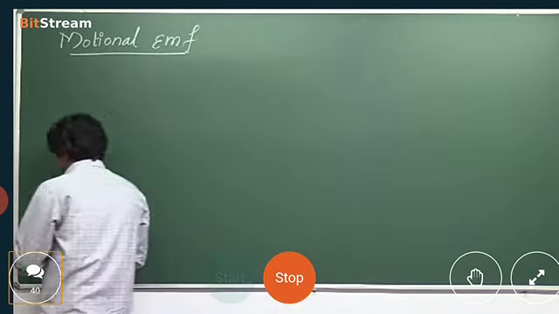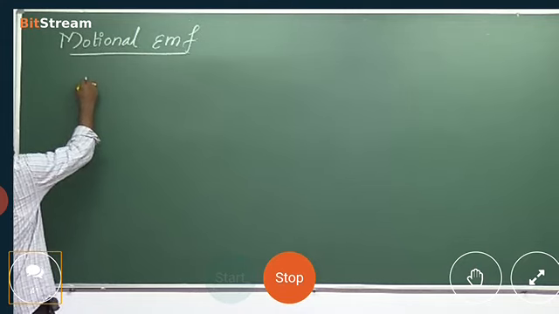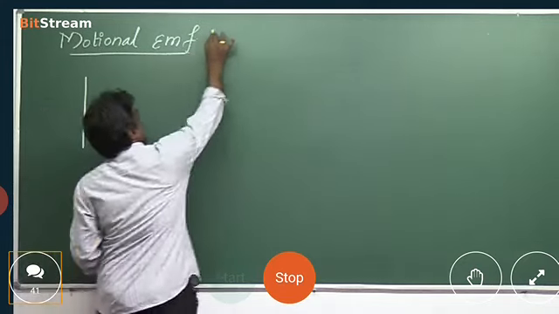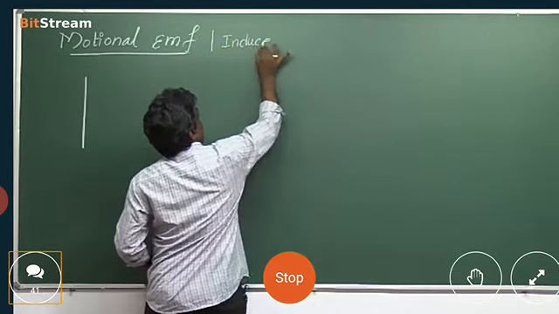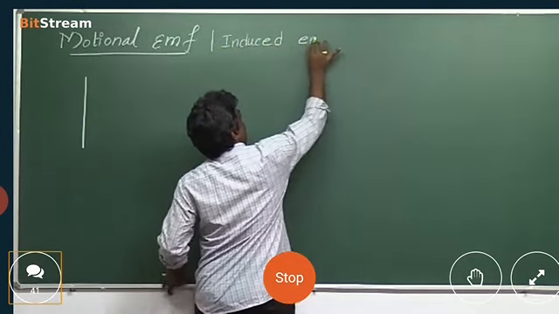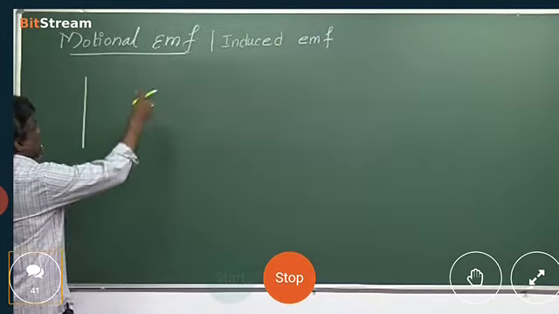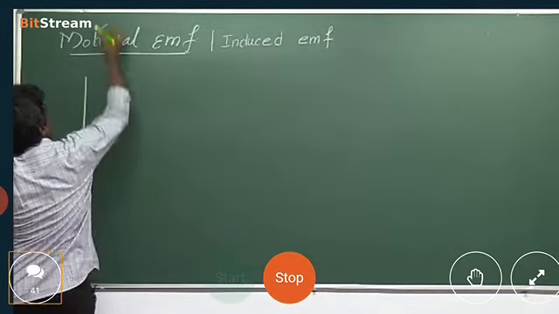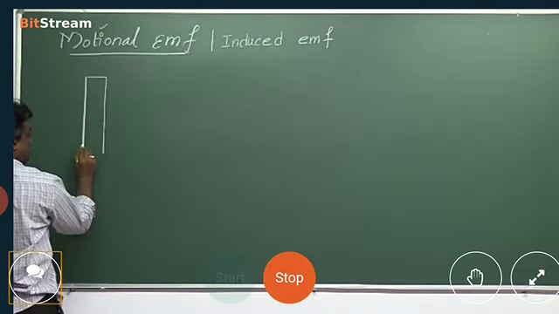Okay. So let us suppose here we have a conductor. So this is nothing but the induced EMF only. No change, but the cause behind this is simply the motion. Now here we have a rod, a conducting rod.